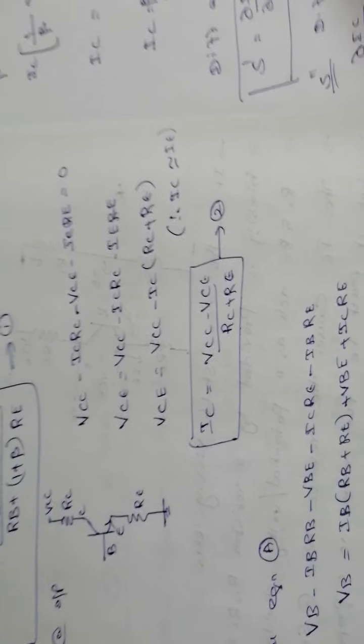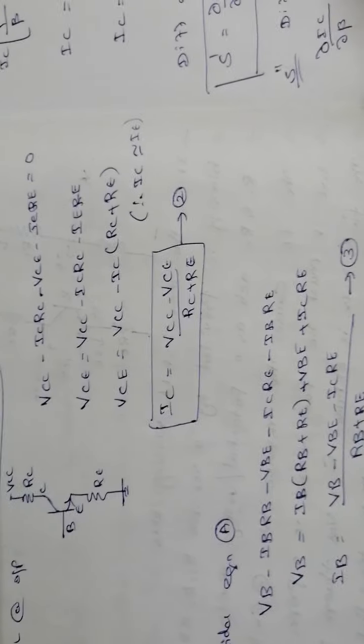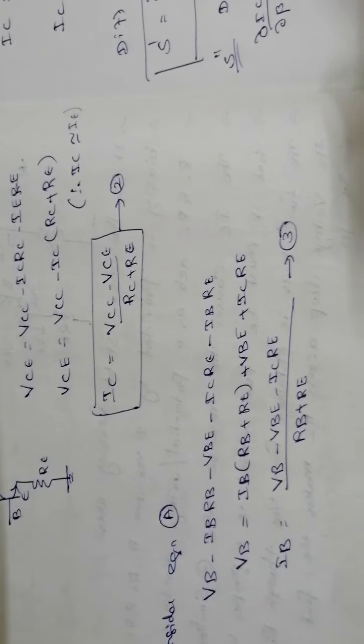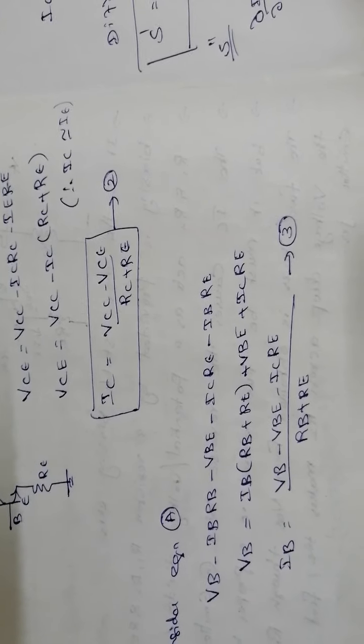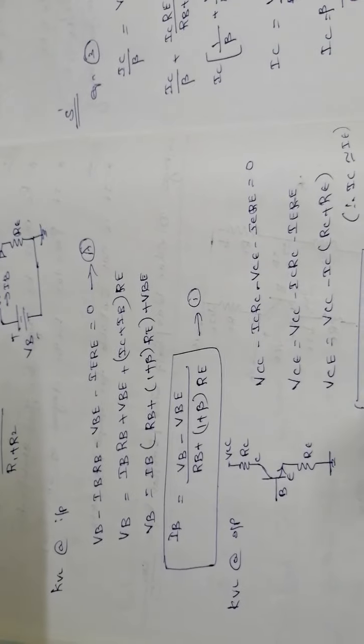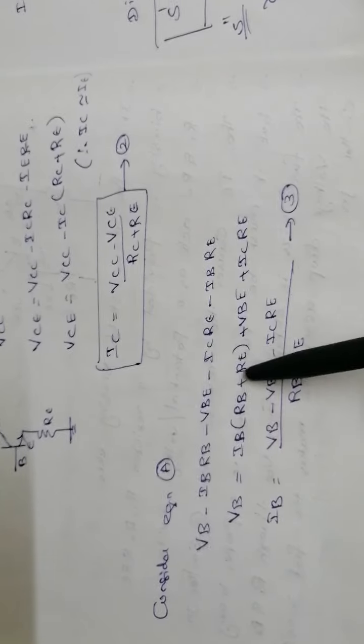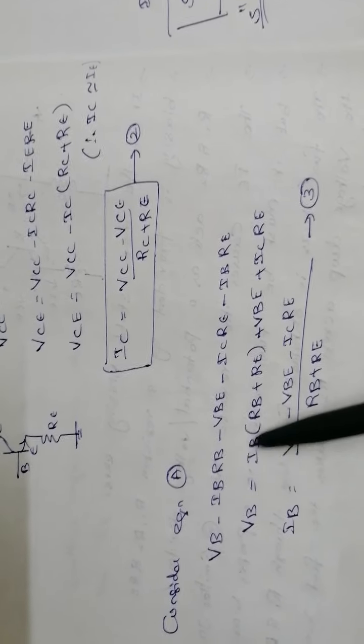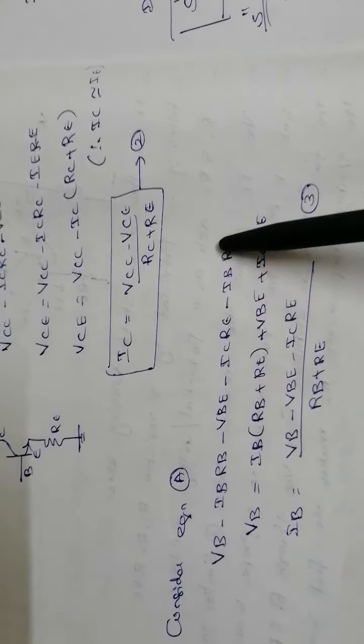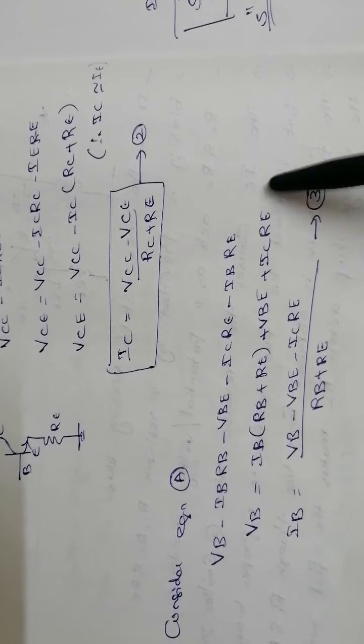Right. Next we can calculate the stability factor. For that we consider equation A, that is VB minus IB RB minus VBE minus IE RE. From that equation, IB times RB plus RE, plus VBE plus IC RE.